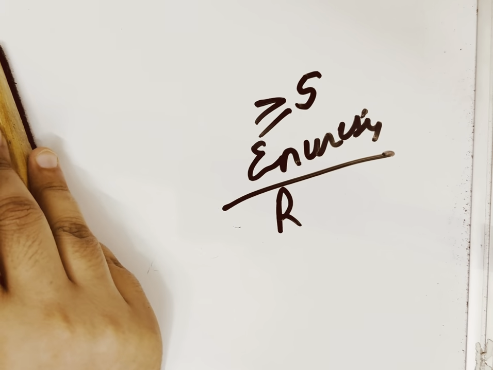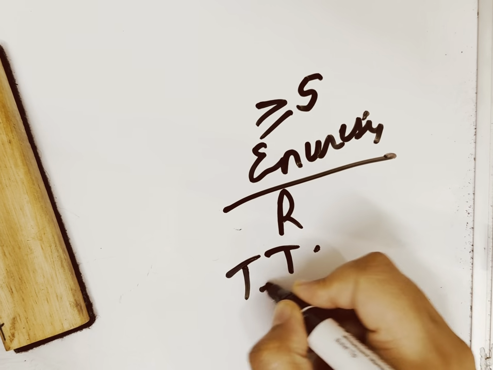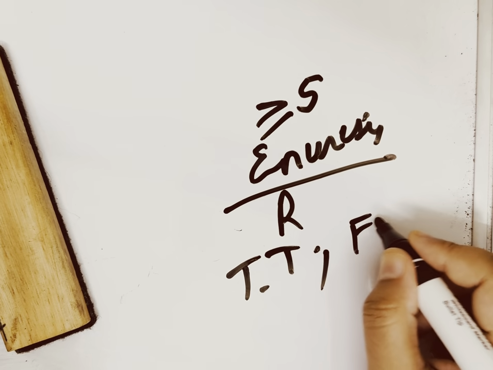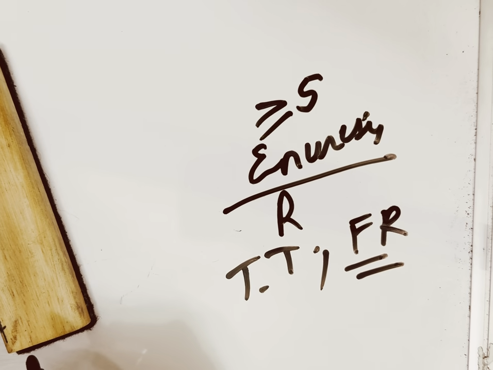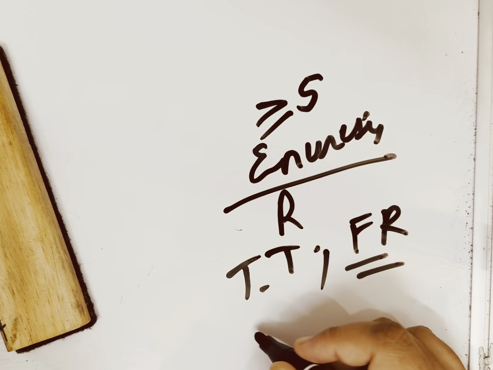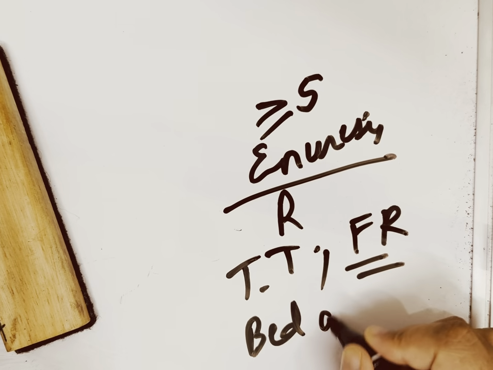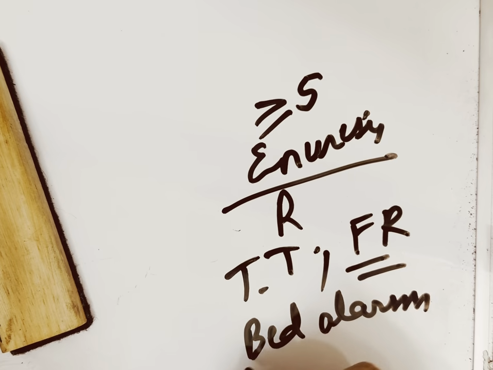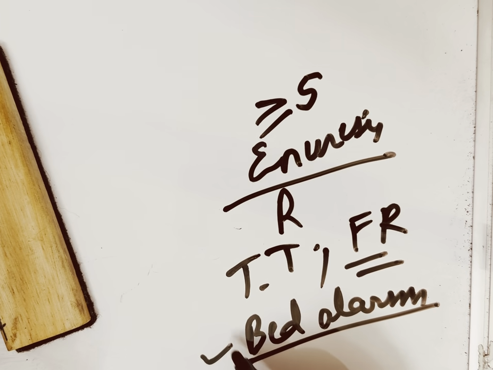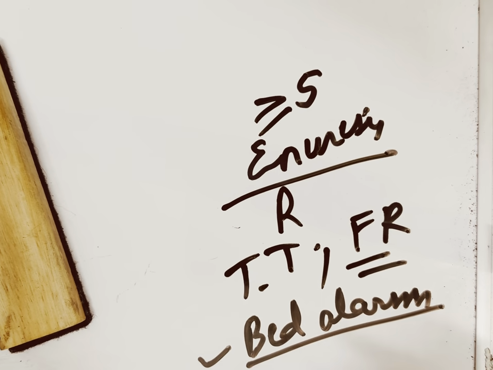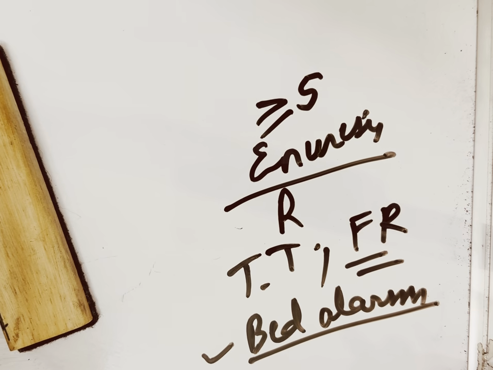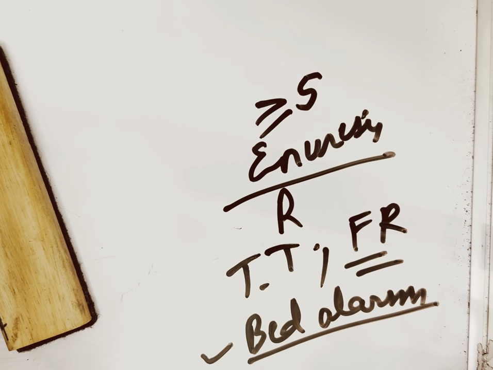So what can we do? We'll do toilet training, we'll avoid large amounts of fluids, and do fluid restriction before going to bed. We can also use bed alarm therapy, where whenever the patient passes urine in the bed, it comes in contact with the alarm and it rings, giving negative reinforcement and embarrassment, so the patient takes more care not to wet the bed.